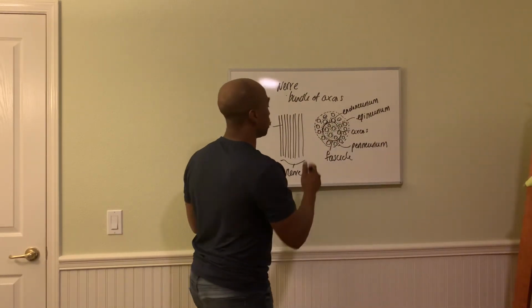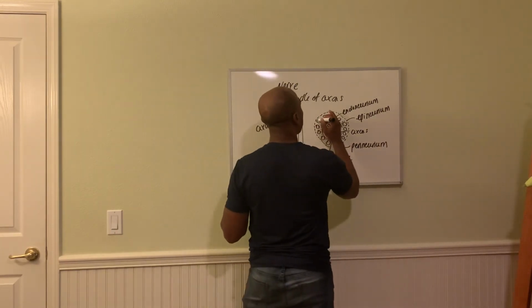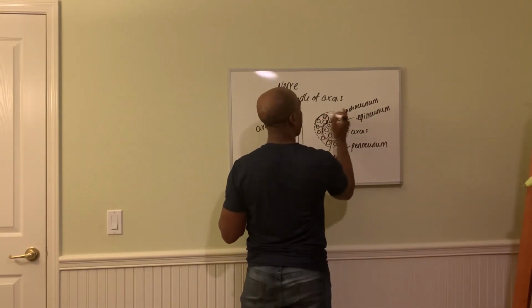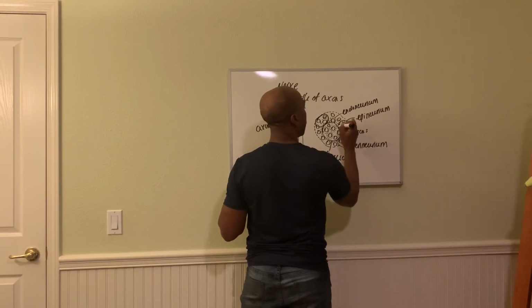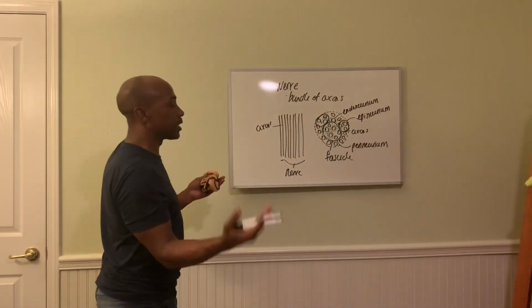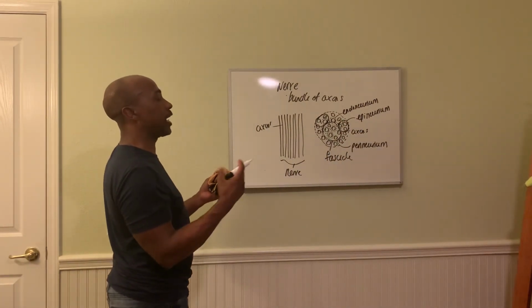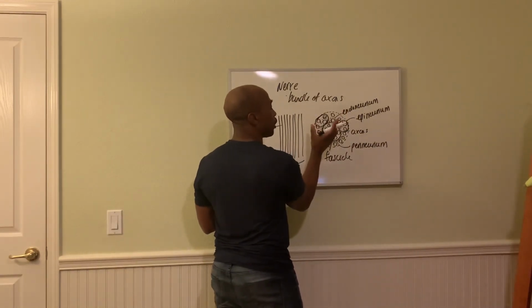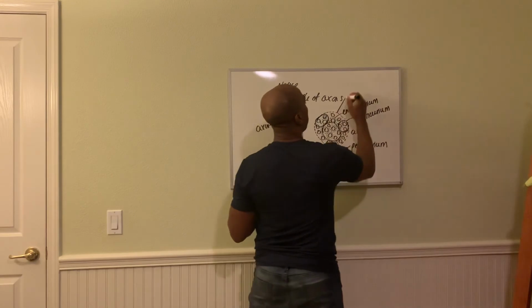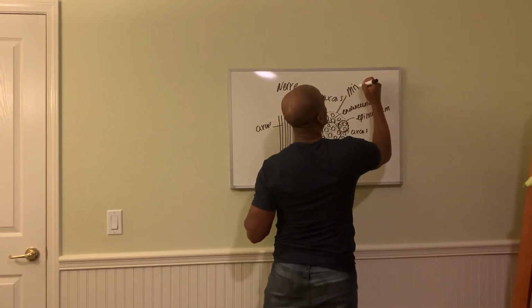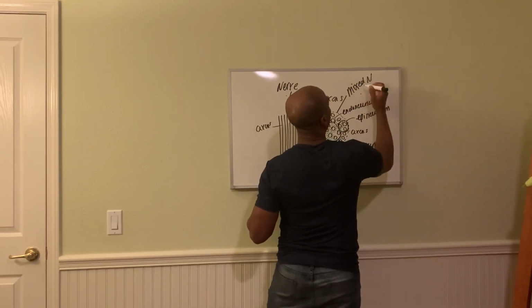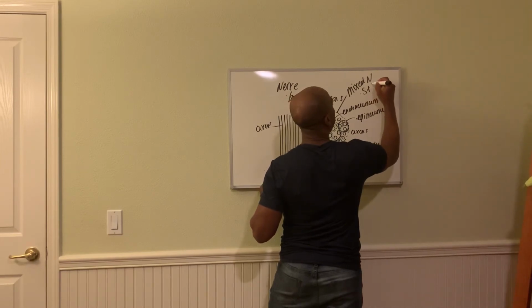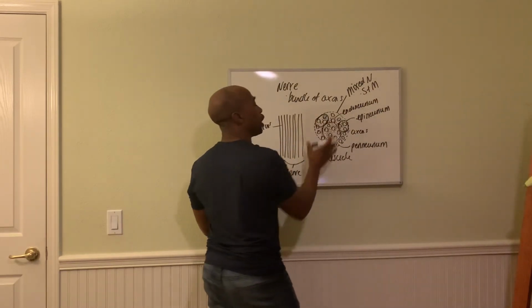Okay, and usually, some fascicles, like these, may contain sensory neurons, others may contain motor neurons. So usually all nerve bundles are called mixed nerves, because they contain both sensory and motor neurons in that bundle there.